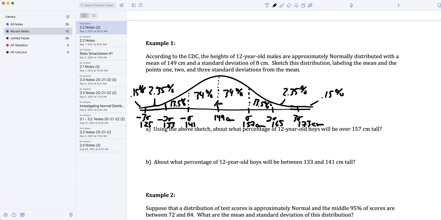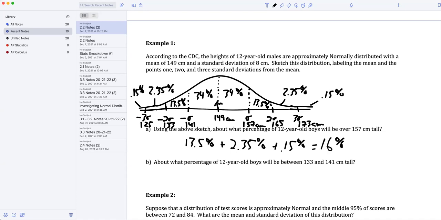All right, so this says, using the sketch above, what percentage of 12-year-old boys will be over 157 centimeters tall? That's asking what is above 1 standard deviation. So we have 13.5% plus 2.35% plus 0.15%, adding those together.